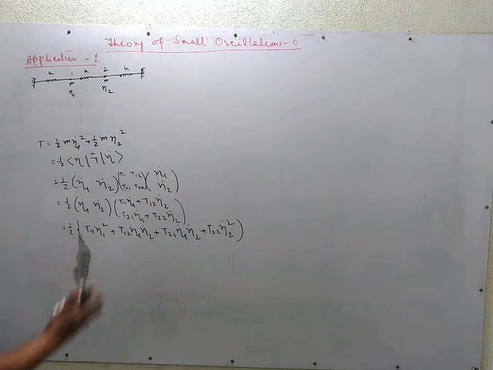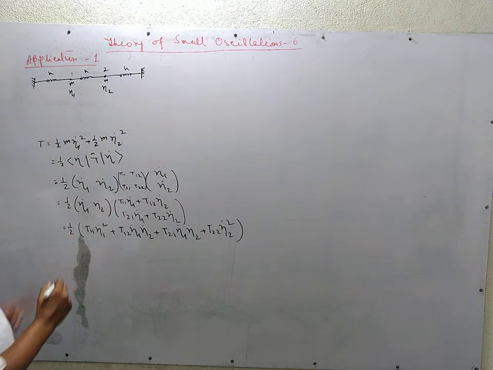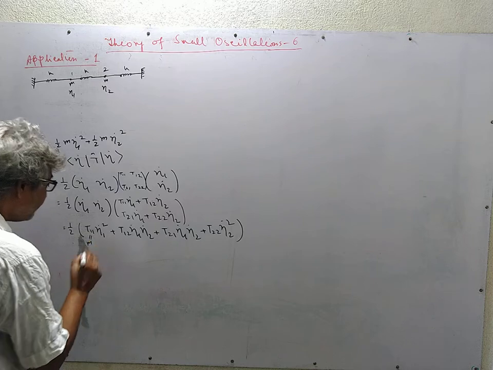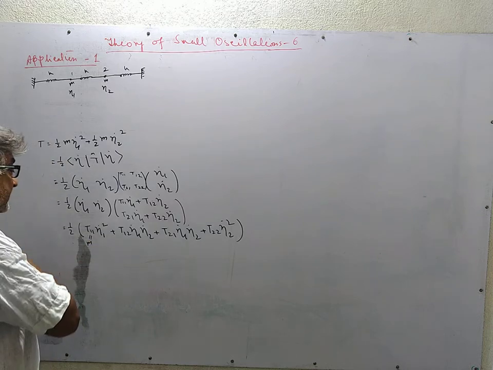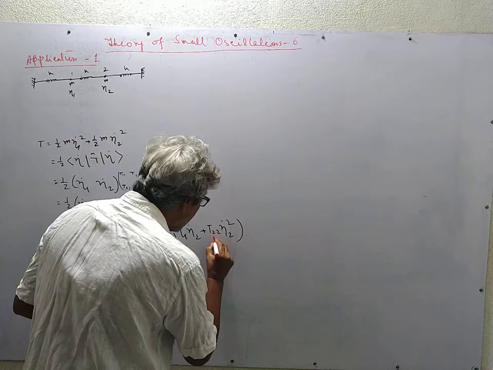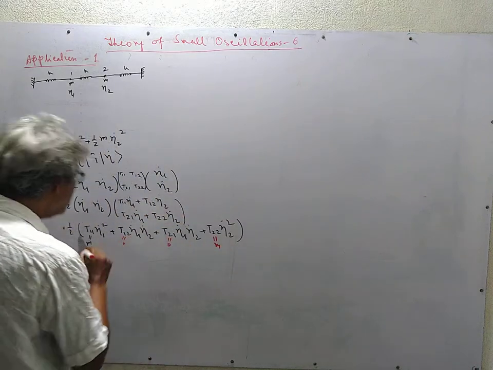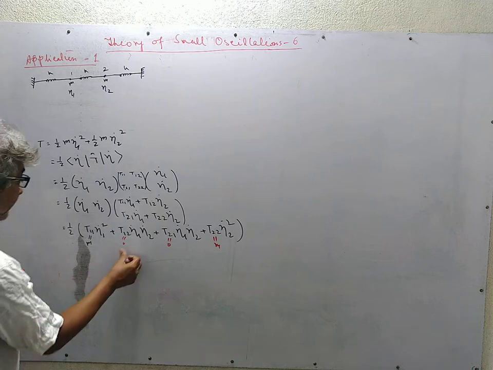If we compare this equation with this equation, we see that T11 is equal to m, T22 is equal to m, T12 and T21 are 0. So we identify the T matrix.